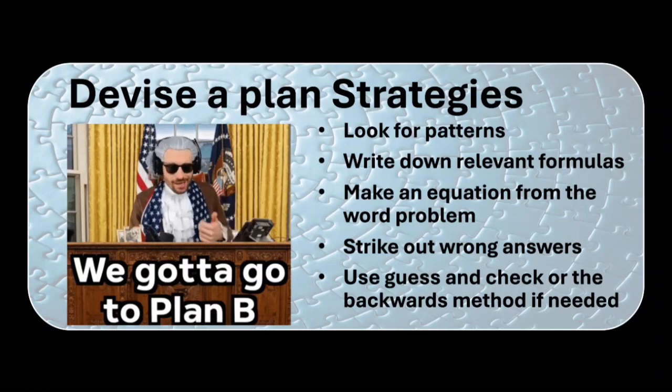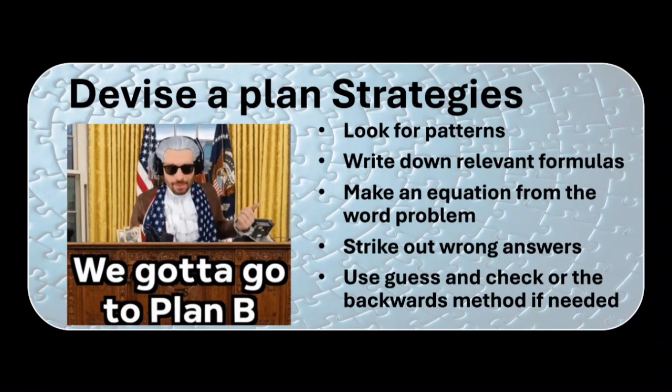If you're doing angles in a triangle, we know that type of formula, or side lengths, we know that type of formula, the Pythagorean theorem. So writing down relevant formulas can be very helpful whenever you first start the problem. You can make an equation from the word problem. If the words are a little too wordy, it is very helpful to just look at an equation.